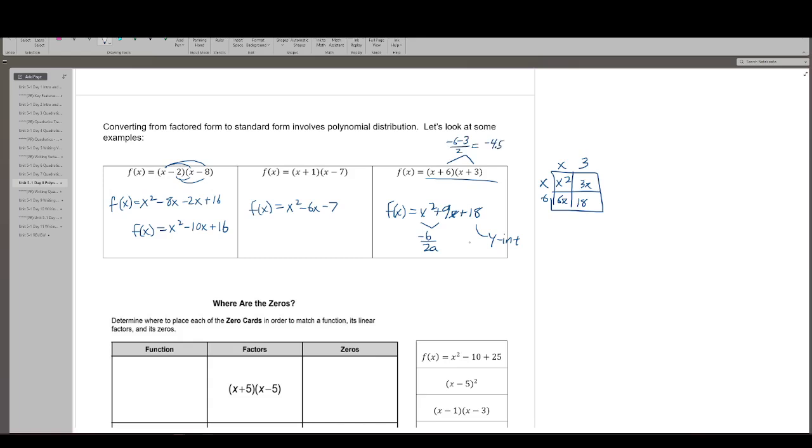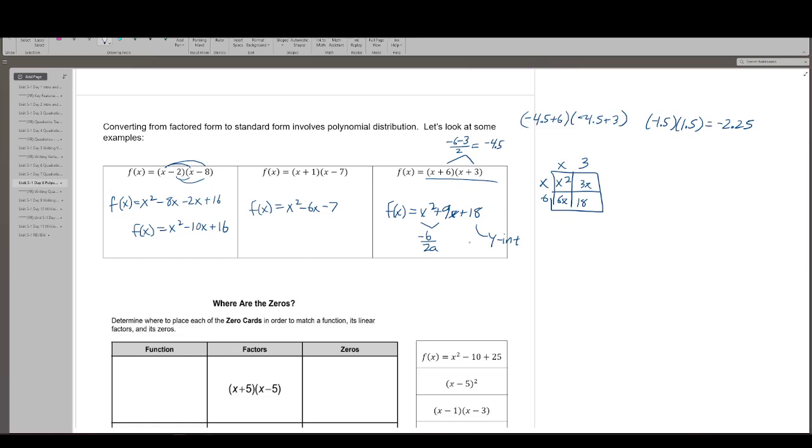And then we would plug that into the factored form. So we would do -4.5 plus 6 times -4.5 plus 3. And that would give us -1.5 times +1.5. And that's the same as squaring 1.5, so we would get -2.25 as our k value.